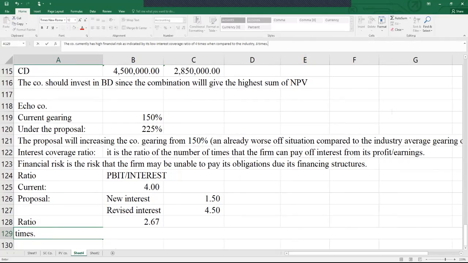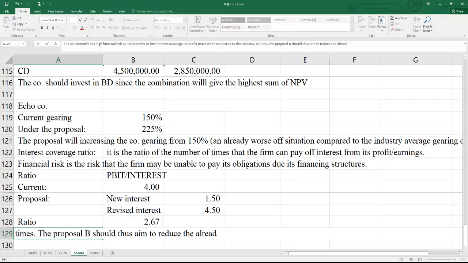Proposal B should thus aim to reduce the already high financial risk.